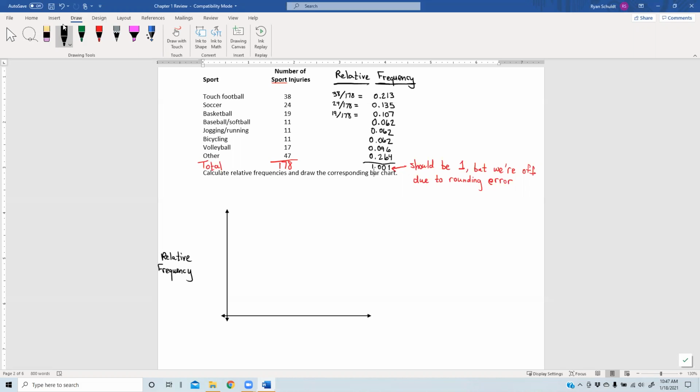Down below, this is going to be the sport. So remember your axis labels. And then our title up here will be non-contact sports injuries.